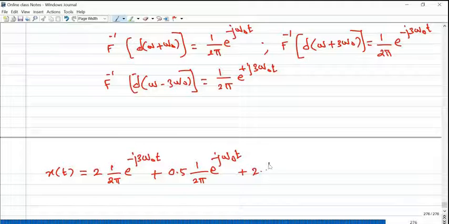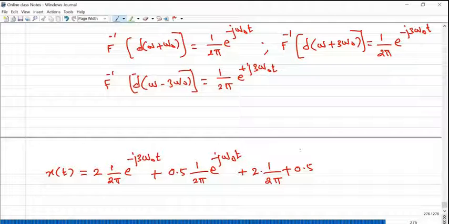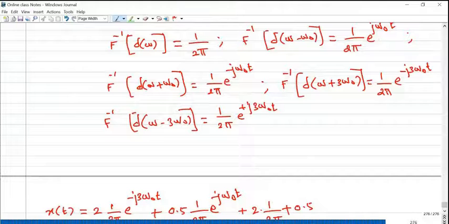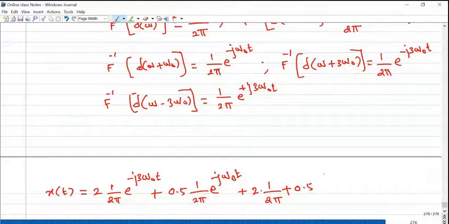So 2 del of omega inverse Fourier transform is 1 by 2 pi. Next component, 0.5 del of omega minus omega naught. Del of omega minus omega naught inverse Fourier transform is 1 by 2 pi e power j omega naught t. So 0.5, 1 divided by 2 pi e power j omega naught t.